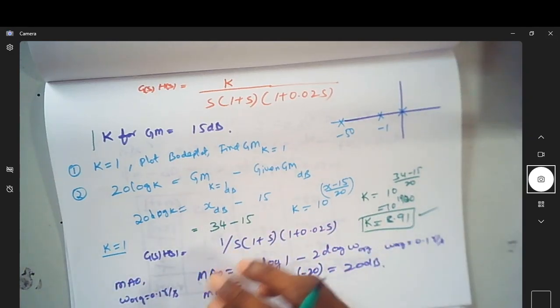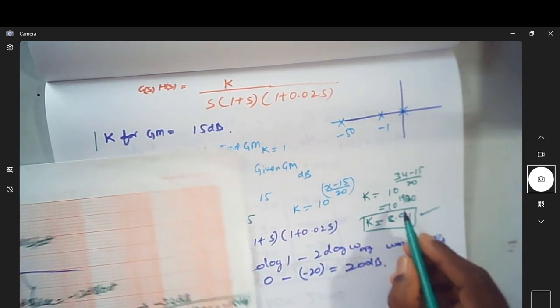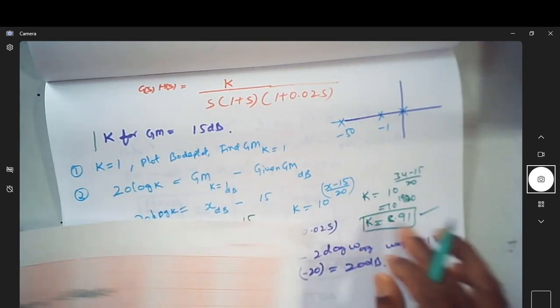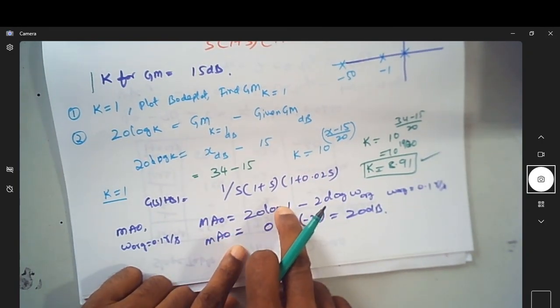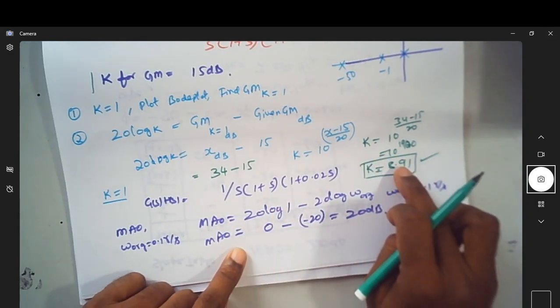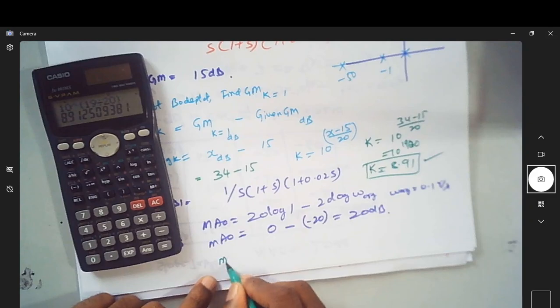Just to ensure that everything is fine, we actually found magnitude at origin by considering this k as equal to 1. So if you consider k is equal to 8.91, what will be this MAO?